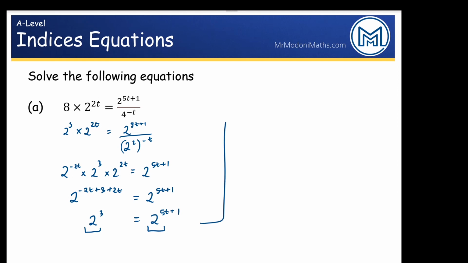So we can then say that 3 must be equal to 5t plus 1. And that's by simply looking at those powers, which must be equal since the bases are equal. So we solve this equation to get 2 is equal to 5t, and then 2 over 5 is equal to t, which is our solution to this indices equation.